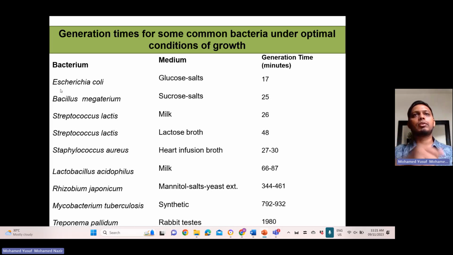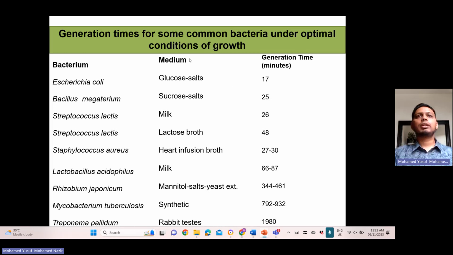So if your food is contaminated with E. coli, obviously the food can be contaminated very fast, and the time taken for you to get the symptom will be fast, because the time required for one generation is only 17 minutes. But if your food is contaminated with Treponema pallidum, which normally contaminates certain types of food, obviously it may require a longer time for the symptom to appear, and a longer time for the food to spoil.